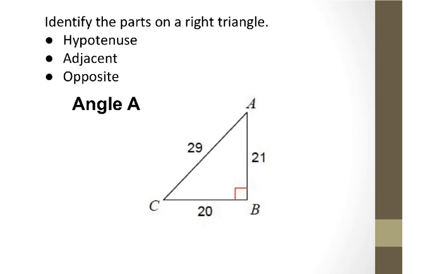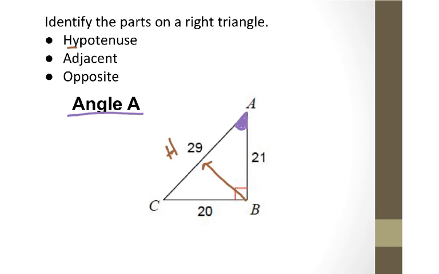This says identify the parts of the right triangle, the hypotenuse, adjacent, and opposite of angle A. On my diagram, I don't have anything written, a theta or a degree or anything, but I know that I'm talking about angle A. And angle A is this right here that I'm coloring in right now. So I'm to identify my H. I usually do my H first, because I always know my H is always across from my right angle.